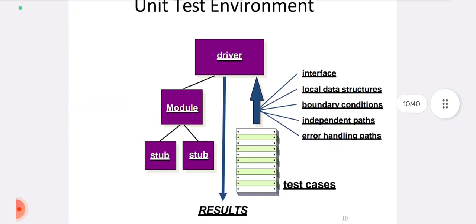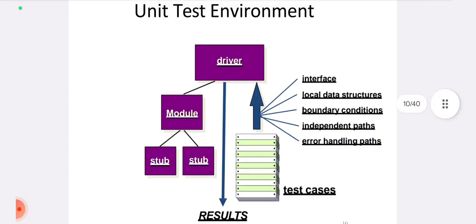Then unit test environment. Here in the unit test environment, we are testing individual components, either smaller components or bigger components. So for smaller components, it can be called a stub. Each and every stub can be tested, sometimes with the help of driver software.